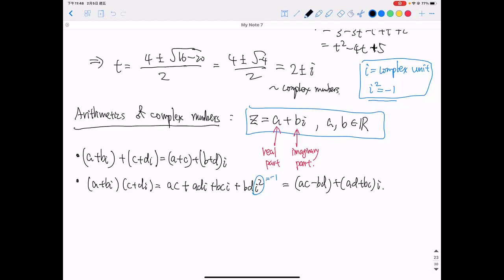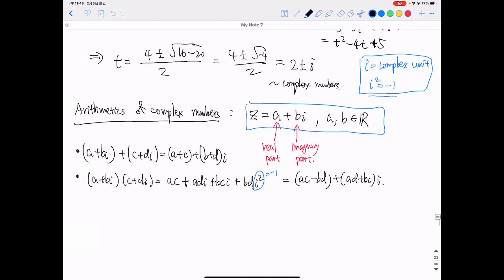Very well. Now there is an important notion for a complex number: the complex conjugate. If z is a plus bi with a and b being real, the complex conjugate z bar is defined to be a minus bi.